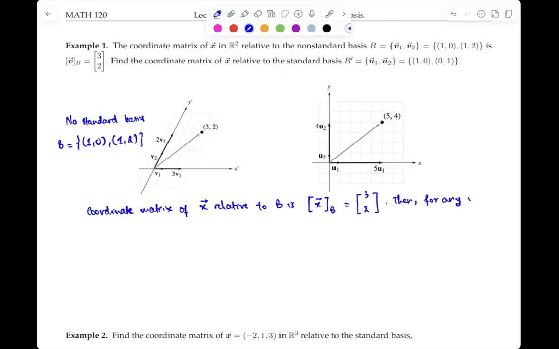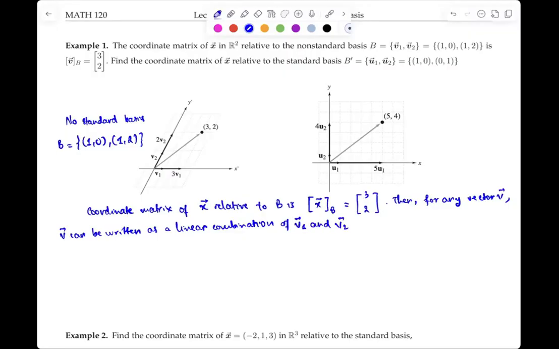Then any vector V can be written as a linear combination of V1 and V2, right?